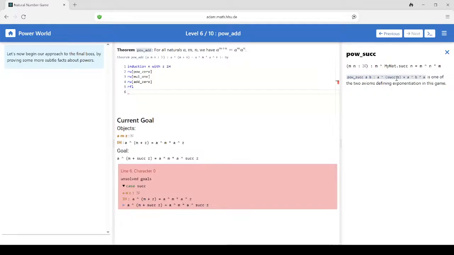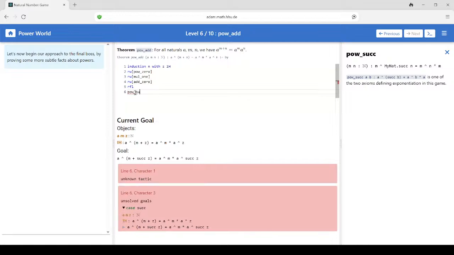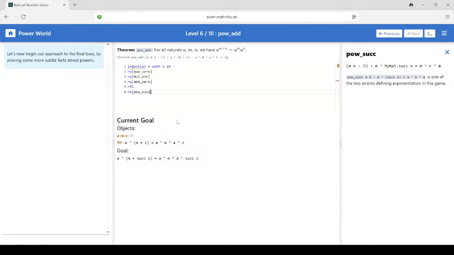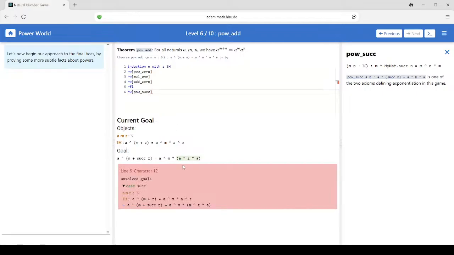A to the power of the successor of B. That's maybe something. Oh, I just keep typing them out without typing the proper syntax. Now we have A to the power of Z times A.